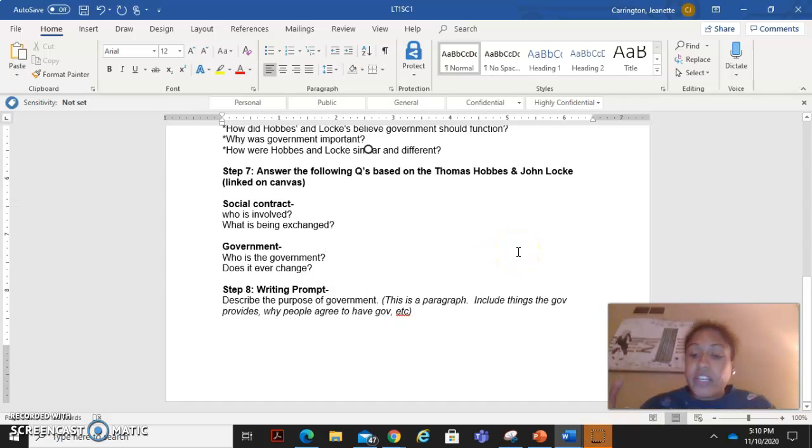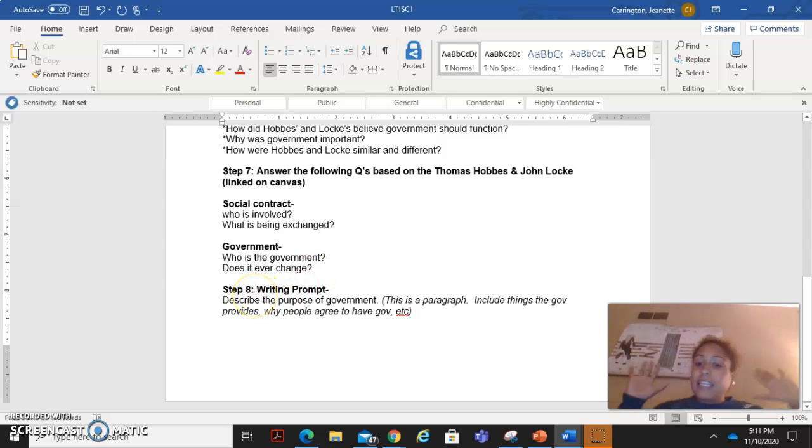Then, once you're finished taking notes and reading the article, you are going to come and answer these questions. In a social contract, who is involved, what is being exchanged? In a government, who is the government, and how does it ever change? Does what we think of government change?